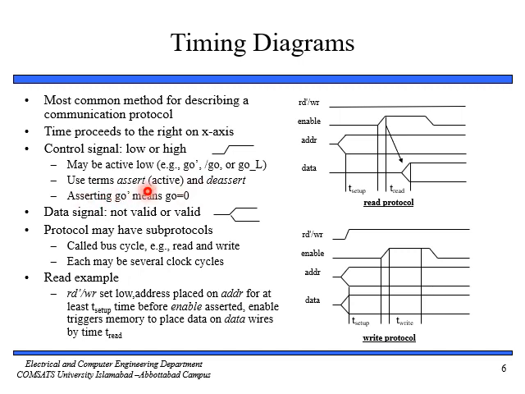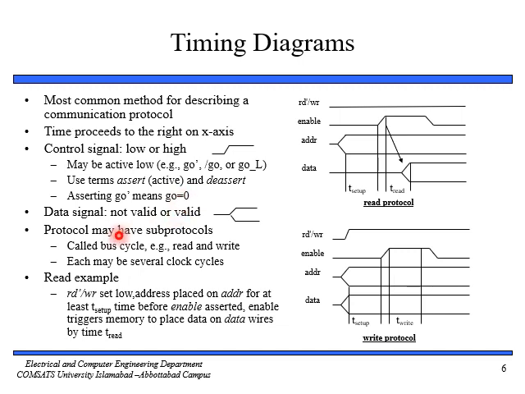When we say the device is asserting, it means it is high or active, and once we say it is deasserted, it means that it is low or zero. So asserting go dash means go is equal to 0, it means it is low.